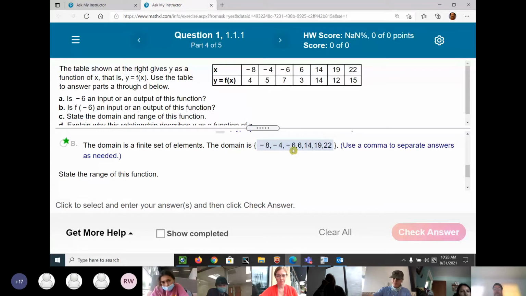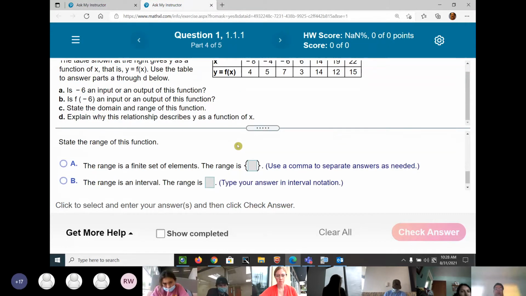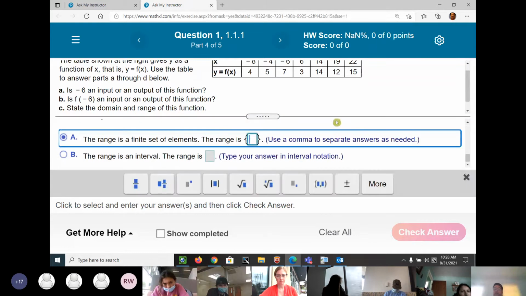But you see the way, when you do this homework problem, type it in the way, if you haven't done it yet, which some of you haven't, then you need to type it in like that. And they're going to want the range the same way.